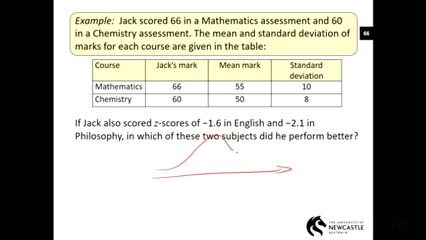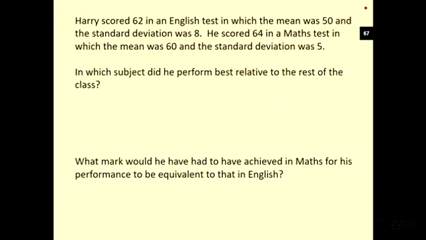A -1.6 might be here, but a -2.1 is further that way. So yes, we want the more positive, the closer to the right number is our Z-score, because -1.6 is greater than -2.1. It's a larger number.